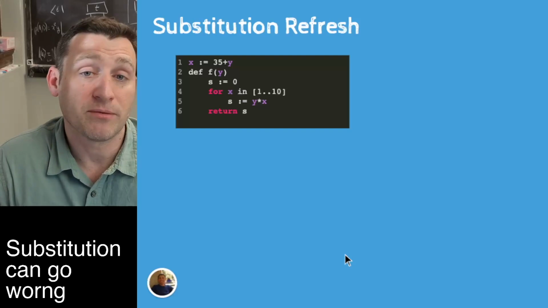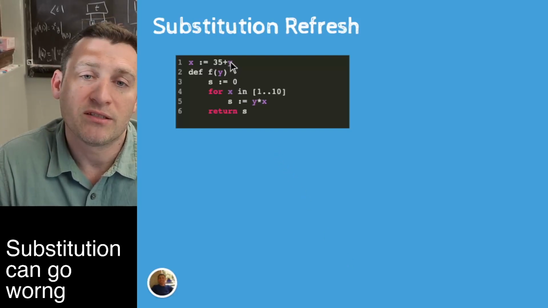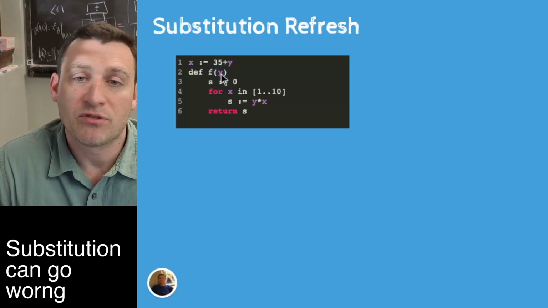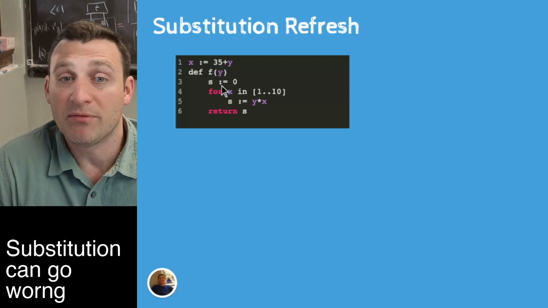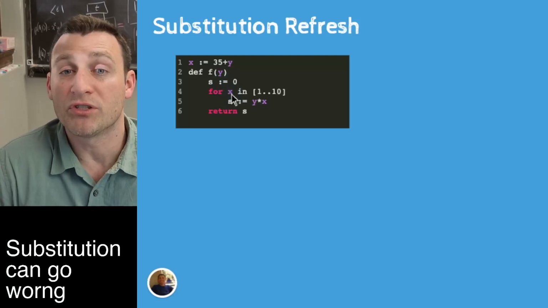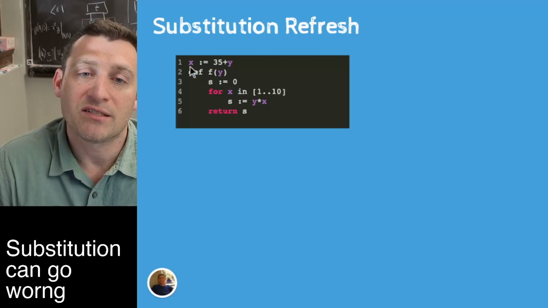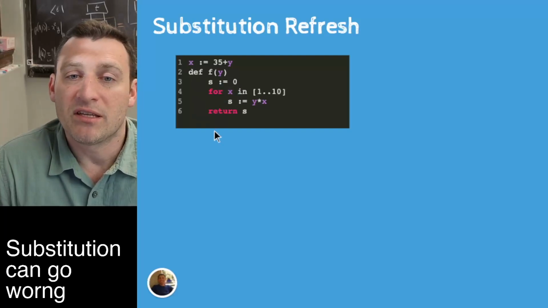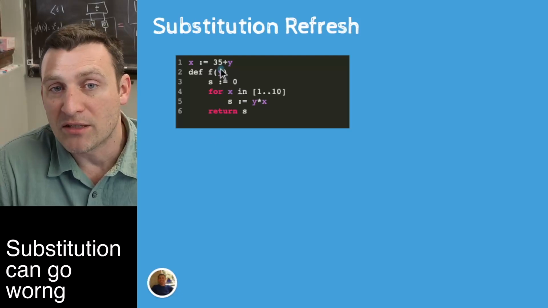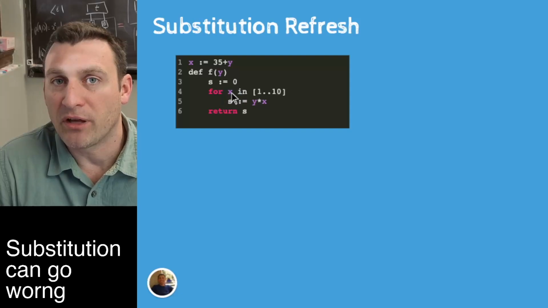Try another harder substitution. Here we're going to try to set the x to be 35 plus y, and then we have a function which happens to use the letter y to go through some steps. We have some other variables like s, and then here we see a reemergence of the letter x. Now, we have to ask ourselves if this x is the same as that x, and we can see that they aren't. Even though it's not part of the function f's parameter, it's inside the function, it still is playing a role that's local.